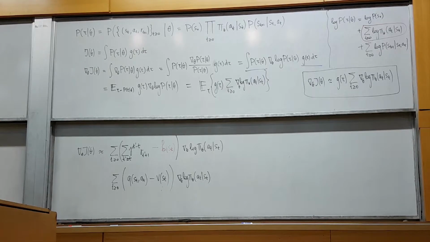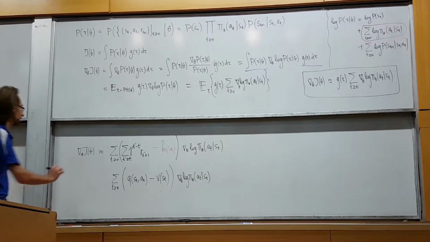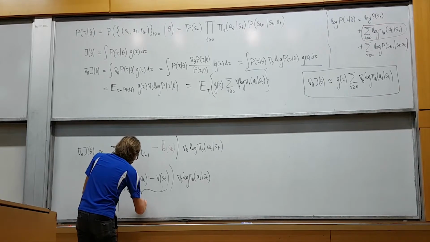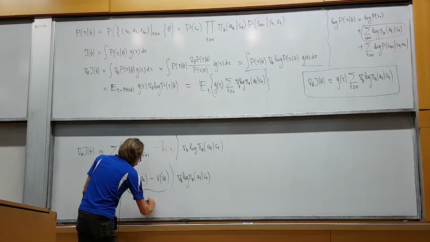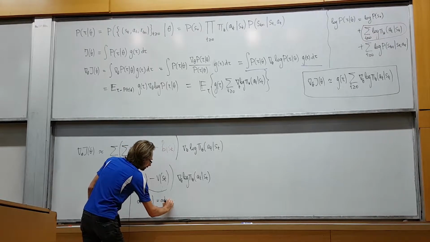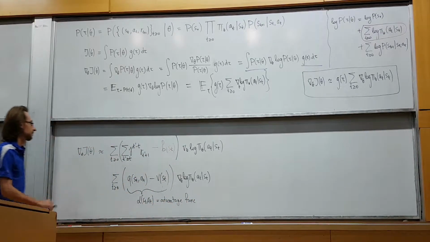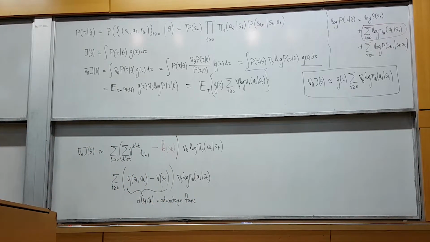Now if I knew the value functions, of course I could just substitute them. Let's call the advantage function A of S, A. If I knew this advantage function, the difference of the Q value function and the V value function, I could just do learning of the parameters theta of the policy pi, using gradient ascent with these gradient terms.